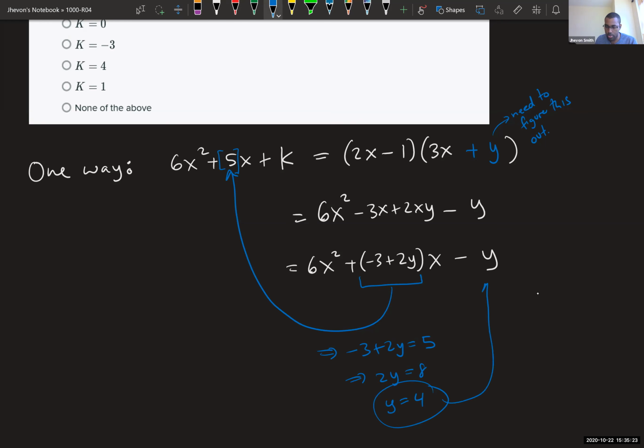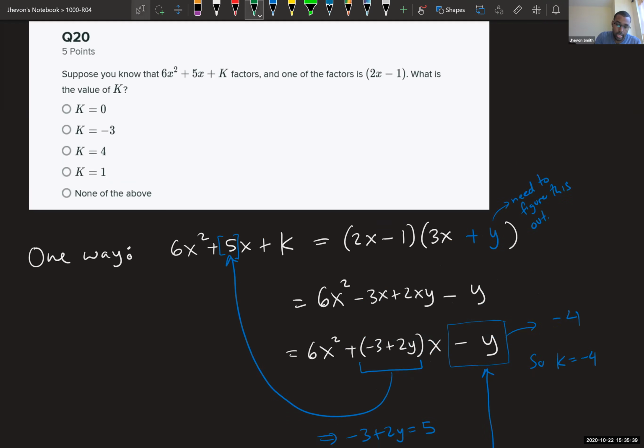So if y equals 4, that means this part here is actually just minus 4. So that tells me my k needs to be minus 4. And you'd realize that that's none of the above.